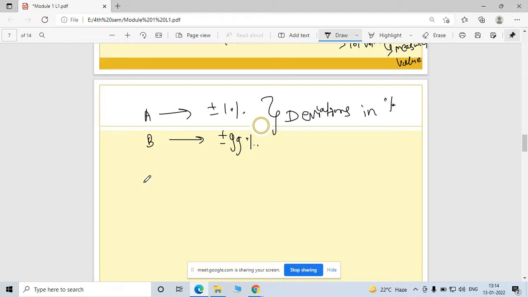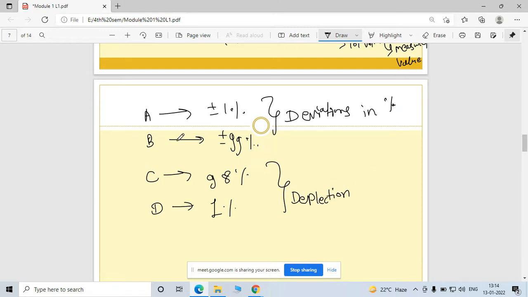And C meter has 98% accuracy, and D is 1% accuracy, which is defined in terms of depletion. Now if I ask which meter is the most accurate, this deviation is with respect to accuracy.